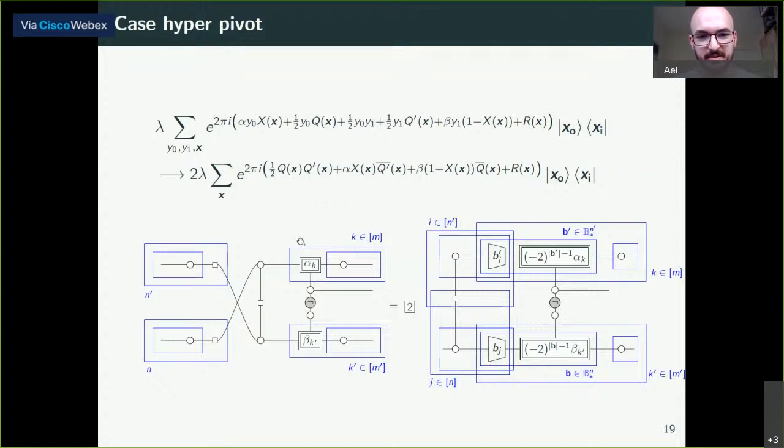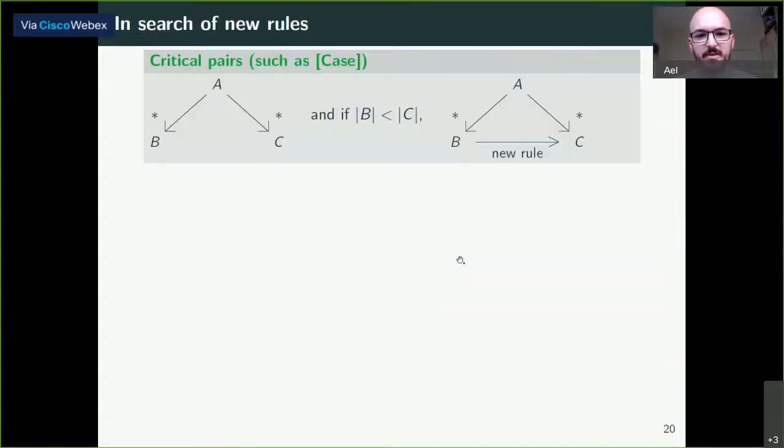The interesting part of this equality is that we also were able to prove it in ZH calculus, and you can prove it only using Fourier hyperpivots. And actually, those two diagrams that you see are coming from one diagram on which you apply HH rules, and depending on which variables you choose to HH on, you can end up with this diagram or the other, which is what I want to conclude with.